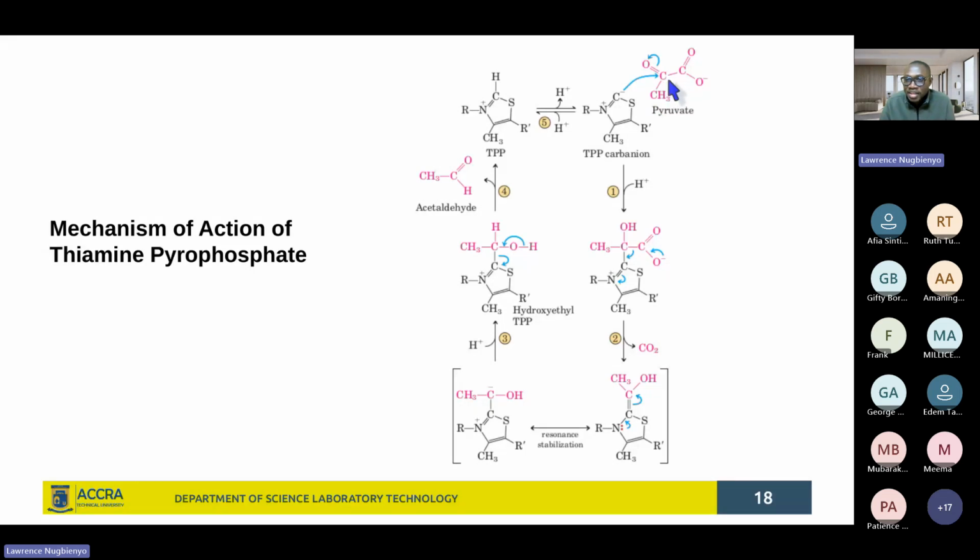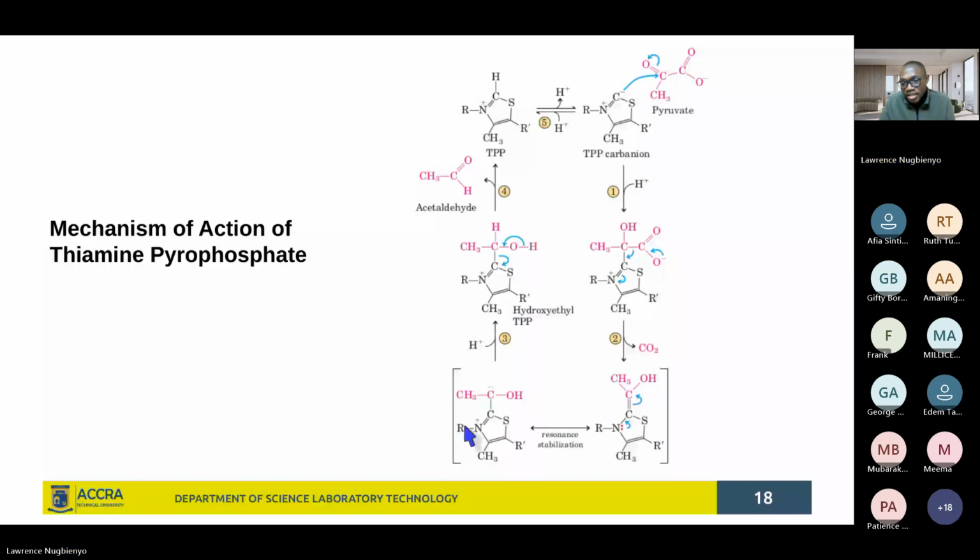And what do you see? In the product, pyruvate is now bonded on that active carbon in the thiazolium ring. And the next thing you see is that the carboxyl group, COO, is removed as CO2.